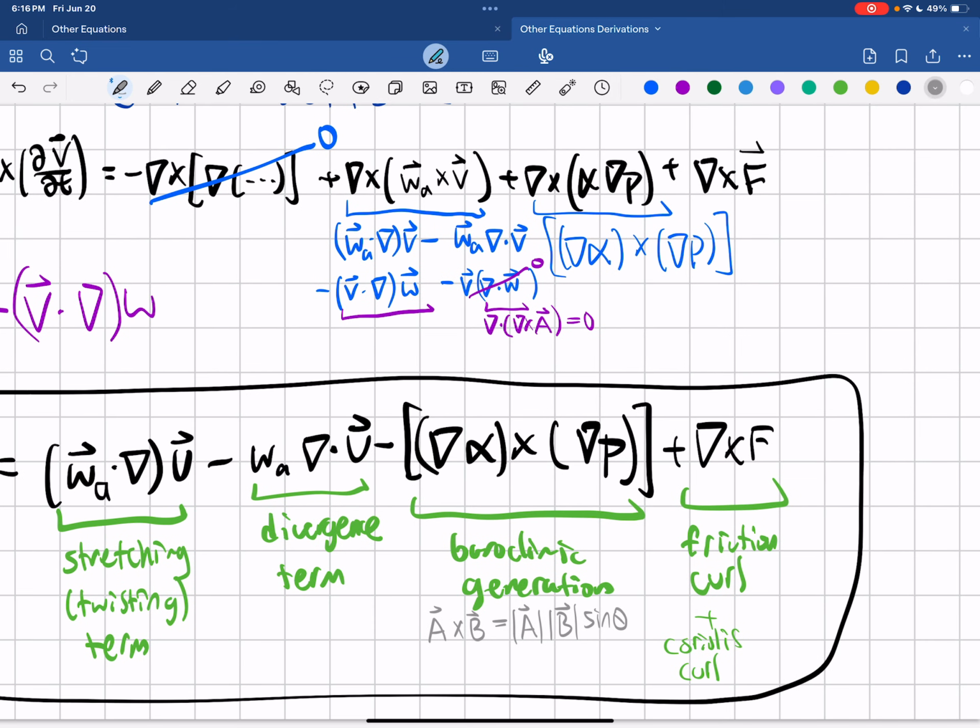So maybe we have pressure like this. So pressure 1, maybe it's 2 times the pressure, then 3 times the pressure. So the gradient would go from low to high. So this would be the gradient of P. But then at the same time, imagine that these three are now overlaid.